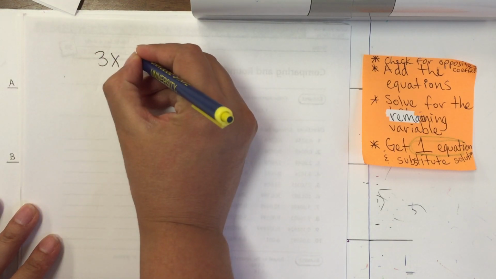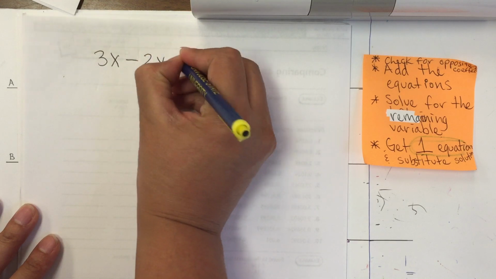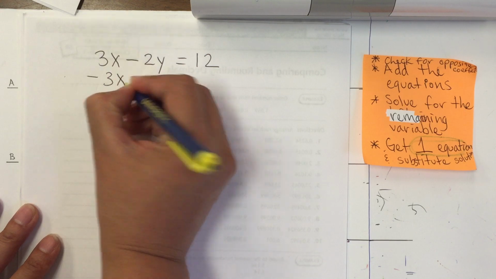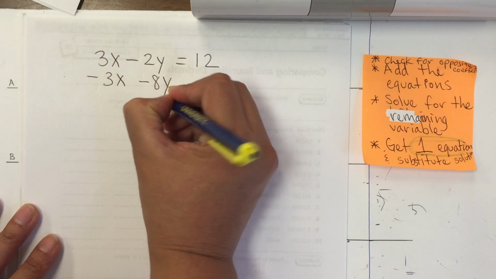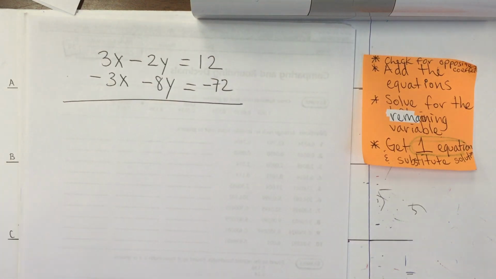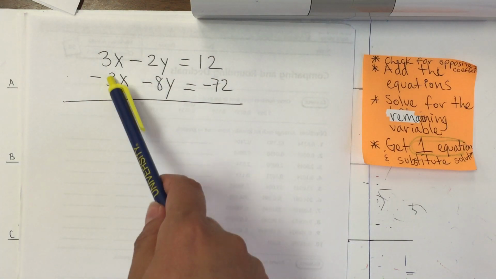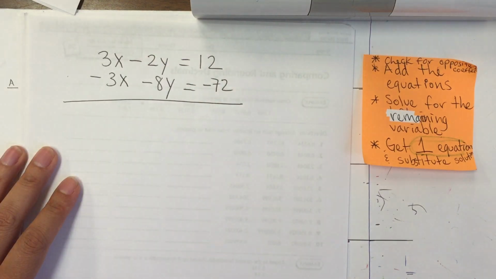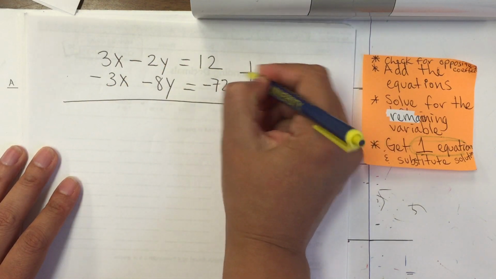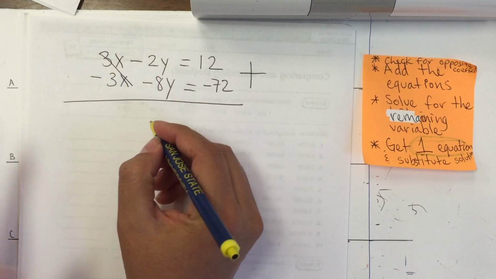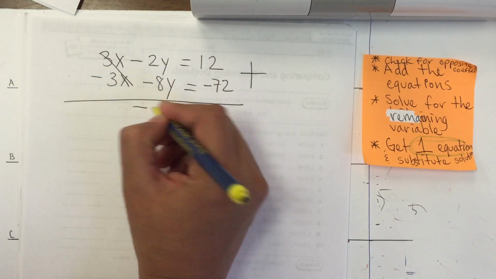Okay, so if I have 3x minus 2y equals 12, and then I have negative 3x minus 8y equals negative 72. Again, the x has opposites, so that's the one that is going to be eliminated. And so I'm ready to add them because I have opposite coefficients. This cancels, and I get negative 10.